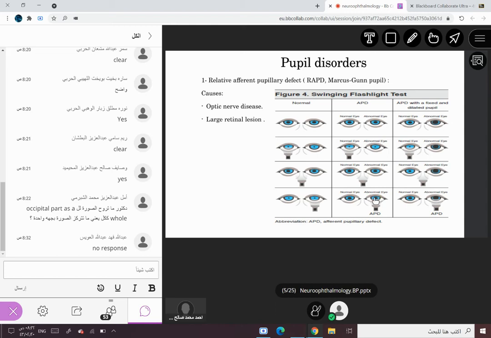Okay, so we say this is an affected eye, or there's an APD. You remember this one, when we shine a light on the right eye, what happened? This one constricted. This means the efferent system is okay. So we have a problem at the level of the left optic nerve, or its pathway.